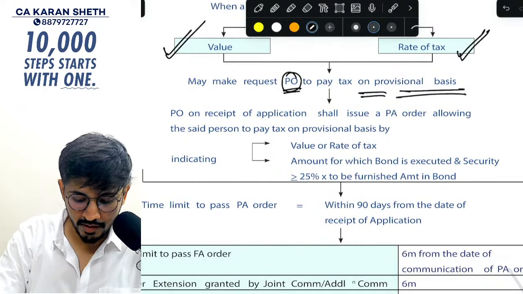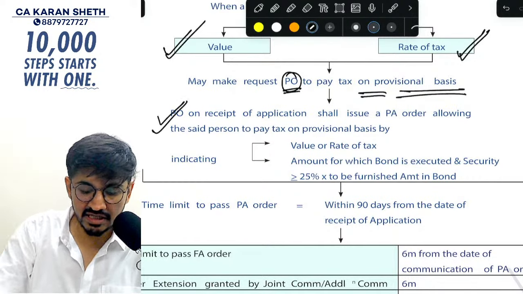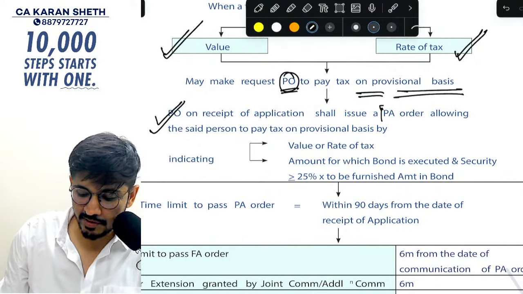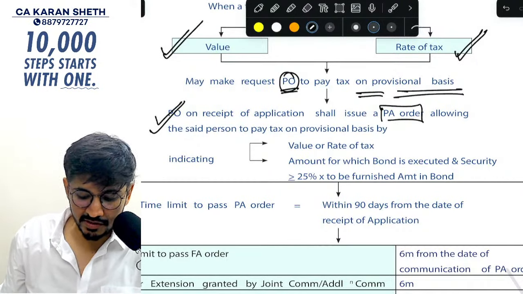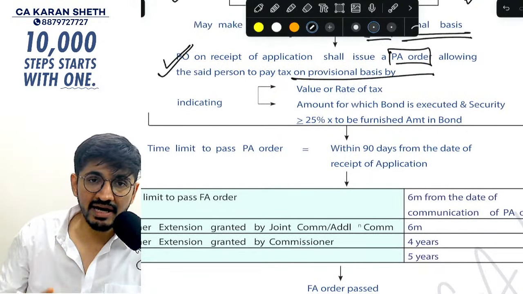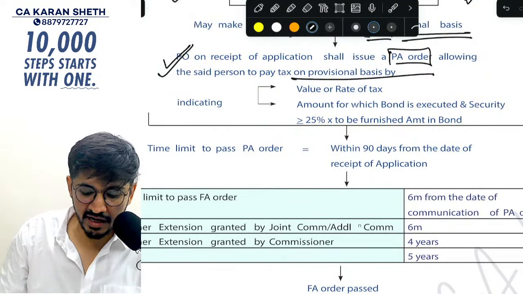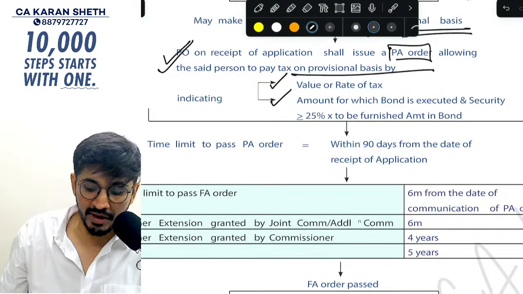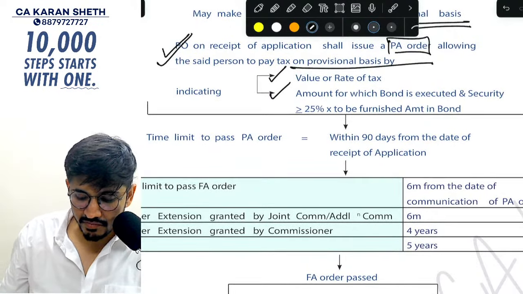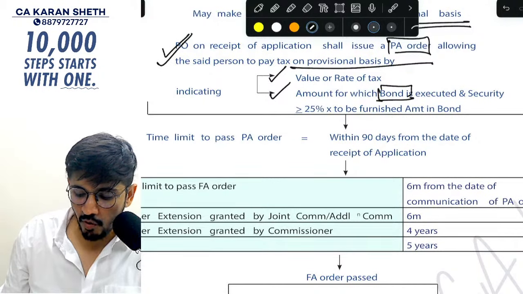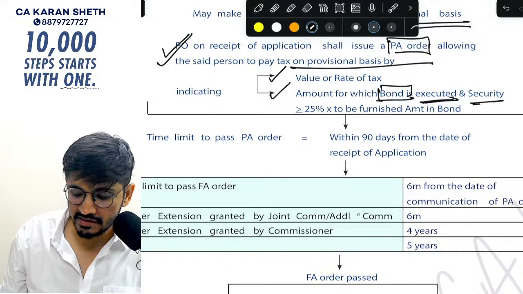Now, the proper officer, on receipt of your application, issues a provisional assessment order allowing the said person to pay tax provisionally, where clearly in the order it will be indicated at what value you have to pay tax, at what rate you have to pay tax, and at the same time you have to furnish bond and security.